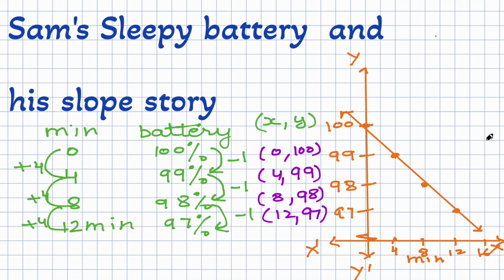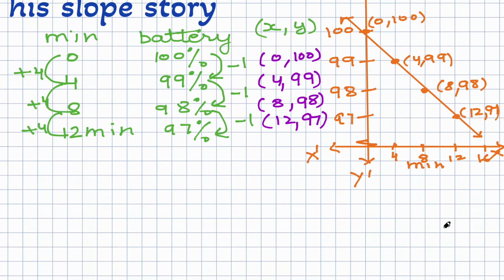Let's write the coordinates because now we have to find the slope. So the coordinates are 0 and 100, 4 and 99, 8 and 98, 12 and 97. Now let's see what the slope is. One more point.